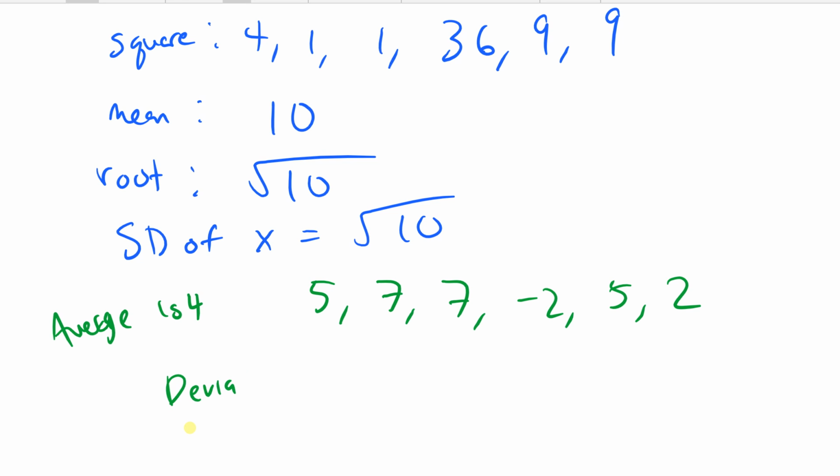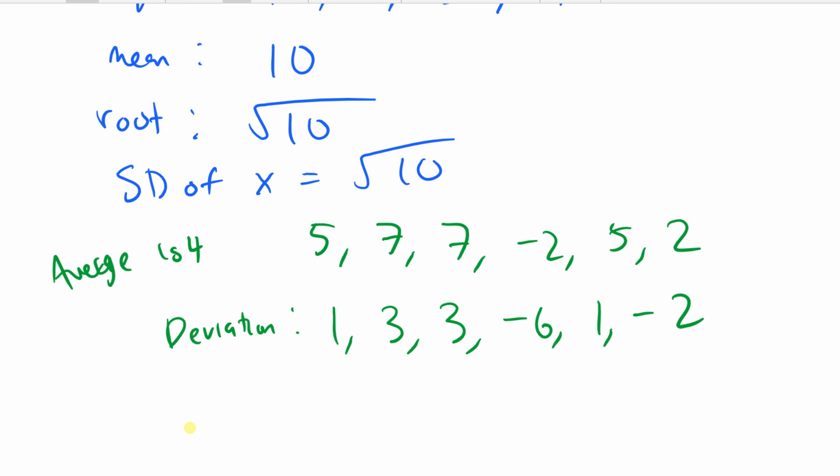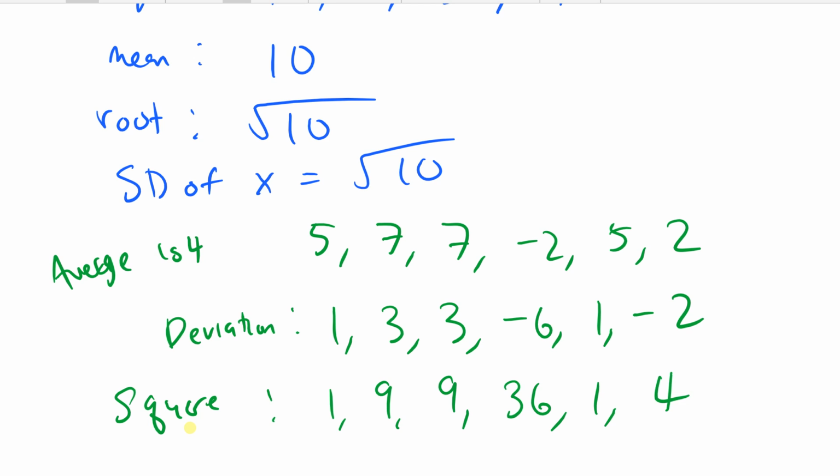We want to find the deviation. So we subtract 4 from each number in the list, and we get 1, 3, 3, -6, 1, -2. Then we square each number in the list to get 1, 9, 9, 36, 1, 4.